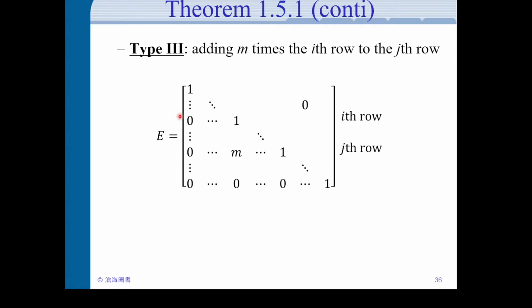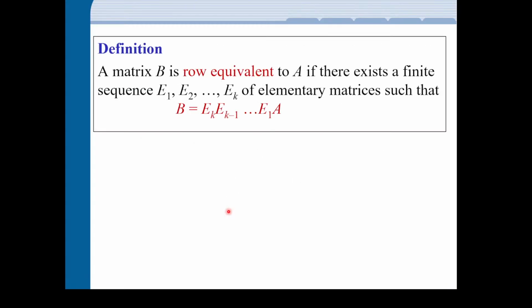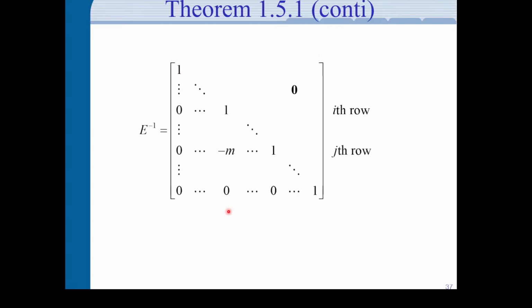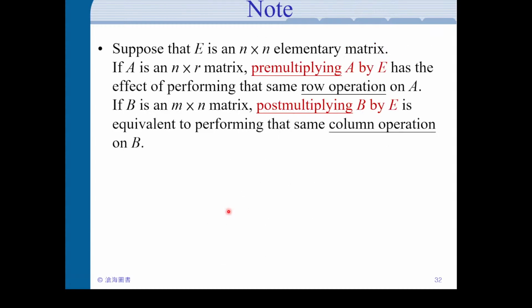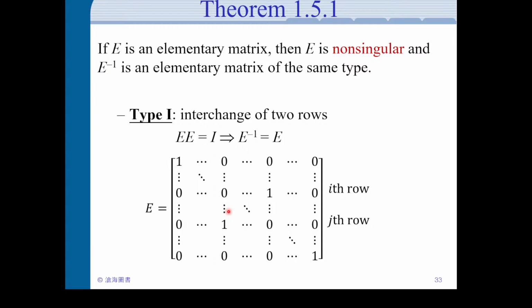So if we have a more general form, we have adding m times the ith row to the jth row, so we get this elementary matrix. No, this is a different theorem.